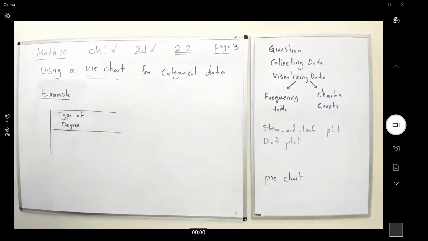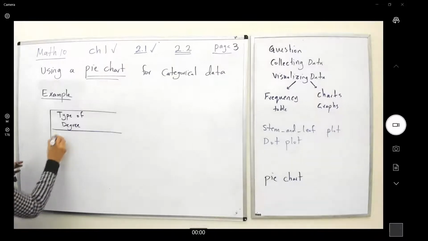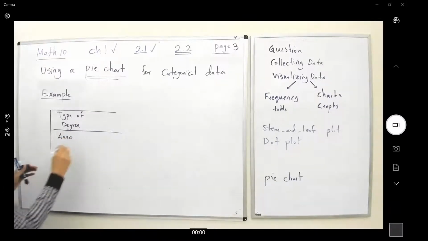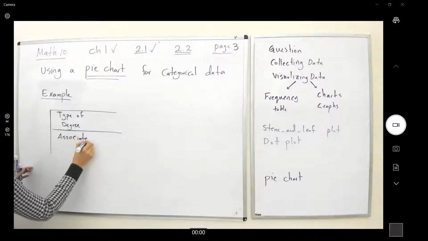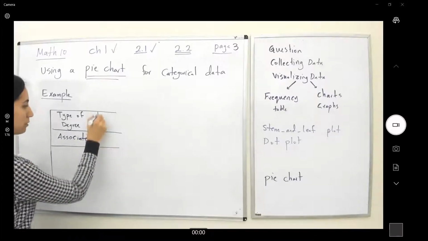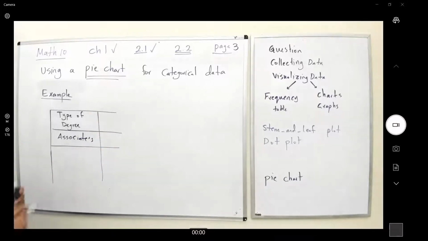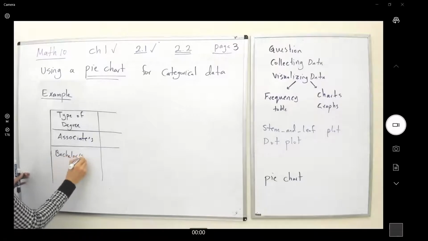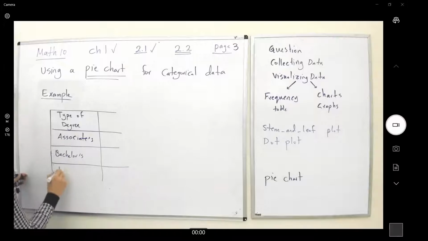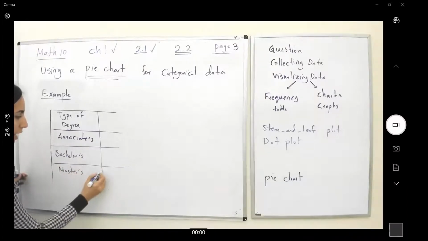The first category is associate's degree. The second category is bachelor's. Then we have master's. And finally, we have doctoral.